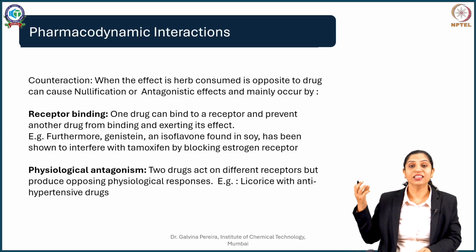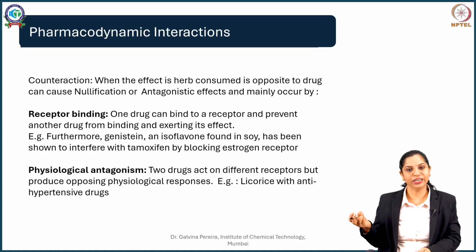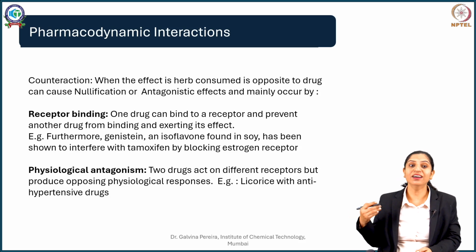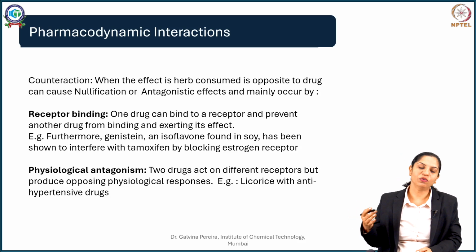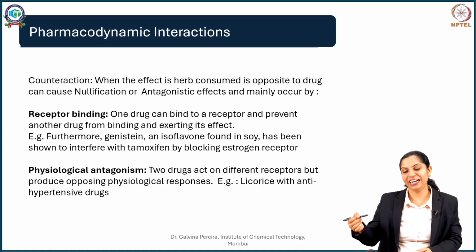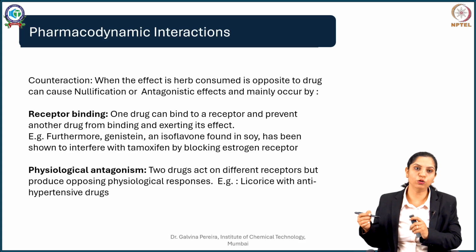We saw it in the competitive, non-competitive, or uncompetitive form. So this receptor binding causes a net effect. Now, this net effect can be an additive effect or it can be a counteraction. Counteraction in a pharmacodynamic effect is generally said when the herb that we consume has a very opposite effect.